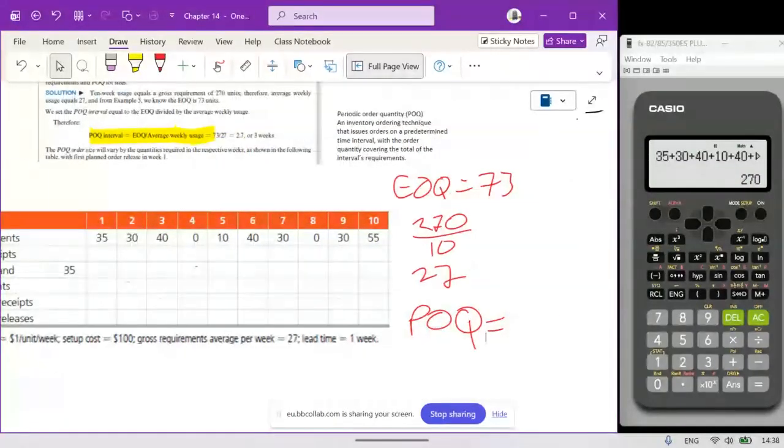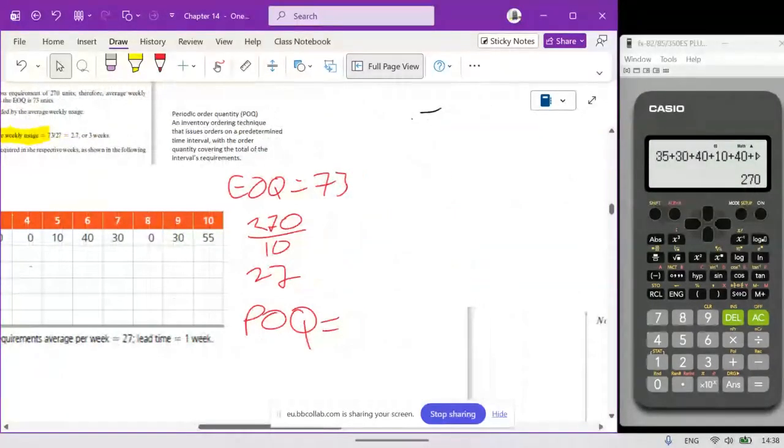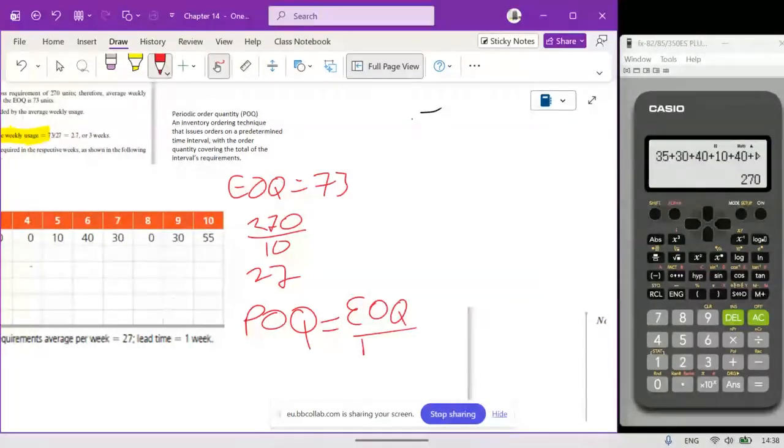You write it, it's provided in the test. You must write it as it is. So it's going to be EOQ over this weekly demand. I prefer it as weekly demand. I didn't change it, unfortunately, but it's fine.